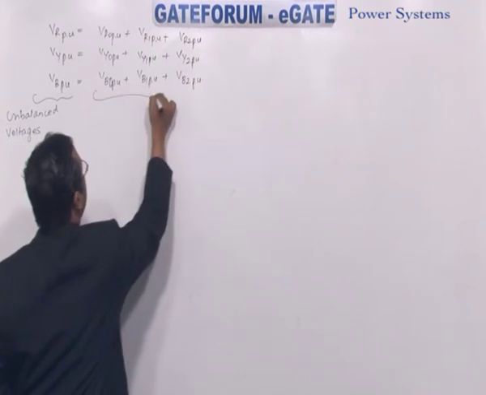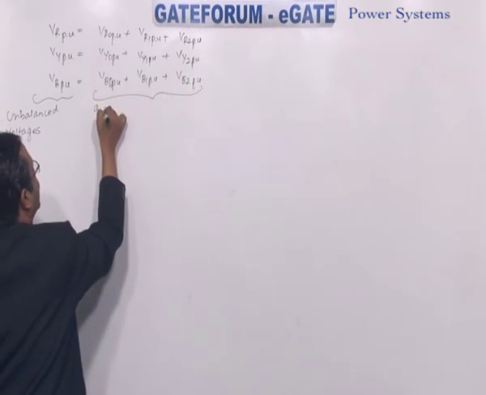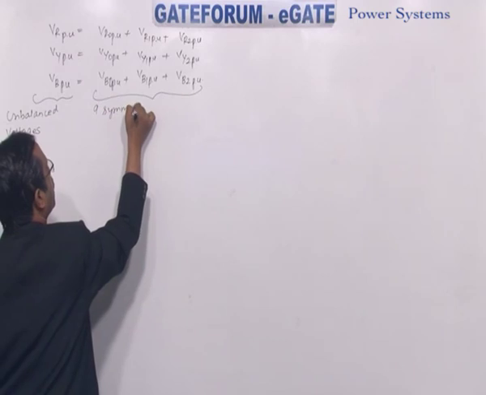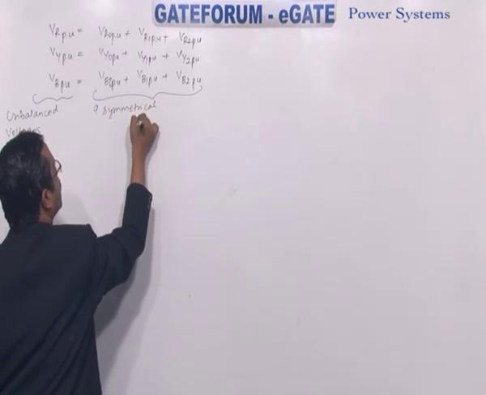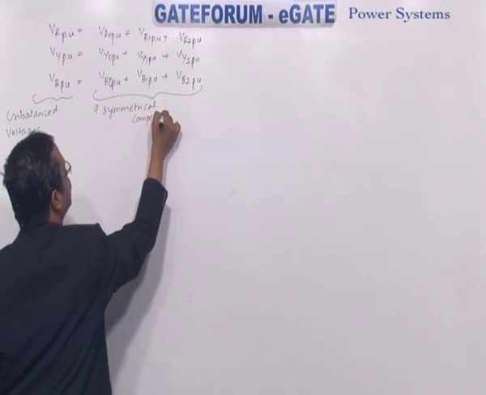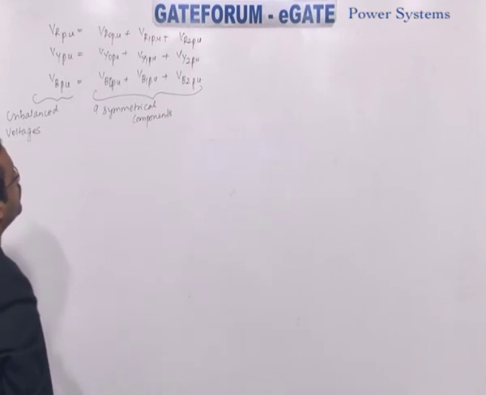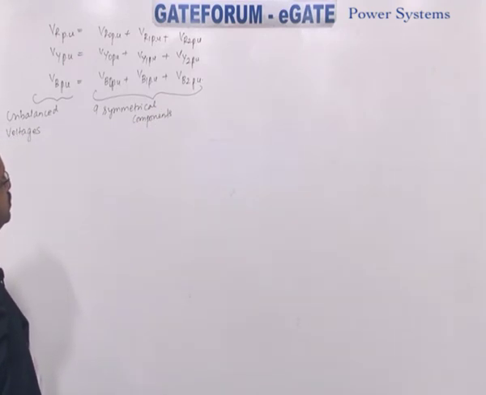So here you are having 9 symmetrical components. Now we check how to make this to 3 symmetrical components.